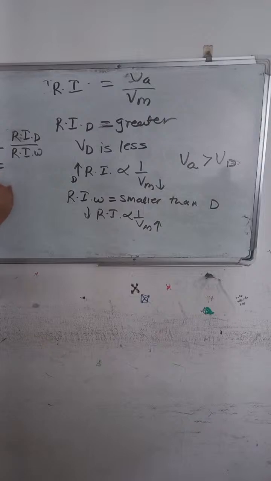The refractive index of diamond is given 2.42, no? 2.42 upon 1.33. Okay, so do the calculation and check how much is the answer you are getting.